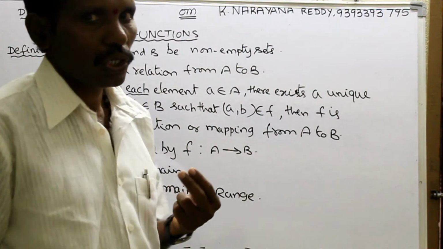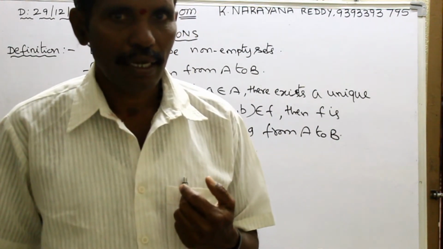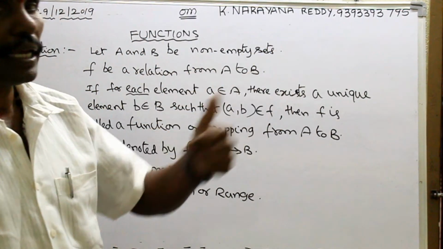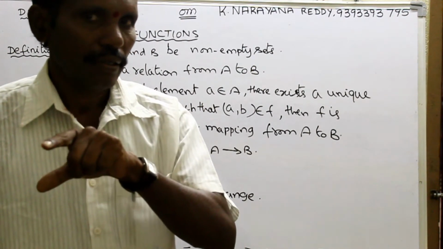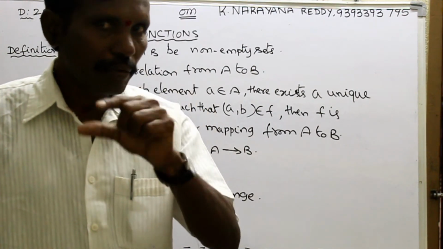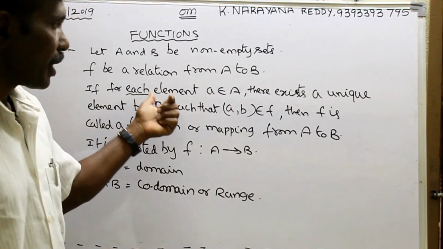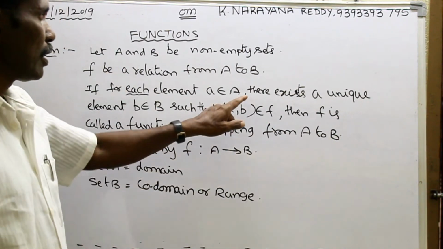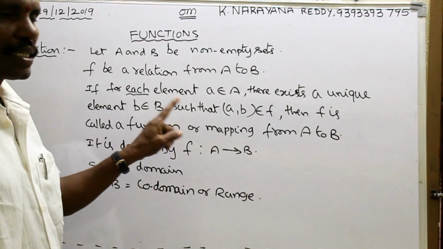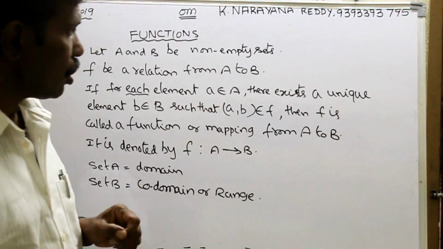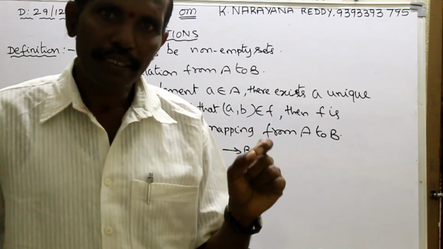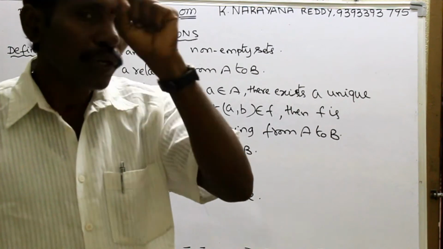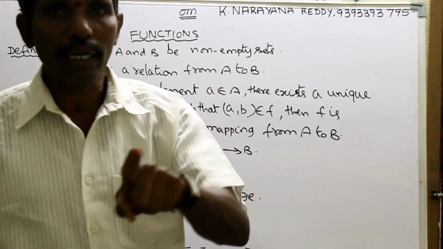Two sets are there, and those two are non-empty sets. F is a relation from A to B. And for each element in A, means each and every element in set A, there is a unique element in B such that (a, b) belongs to F. So, for each element in A, there exists a relation with a unique element in B. Unique element, not two elements, only one element.